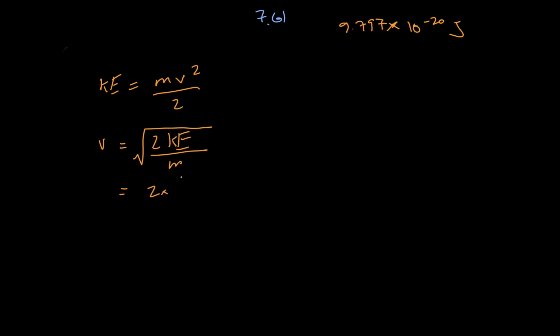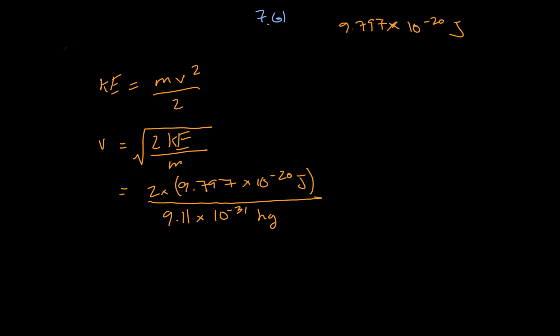So that's going to be 2 times the kinetic energy that we solved for here, which is 9.797 times 10 to the negative 20 joules, divided by the mass. This is an electron, so this is 9.11 times 10 to the negative 31 kilograms. Right, and we are taking the square root of that, and we need to get units for velocity out of this, which should be meters per second.